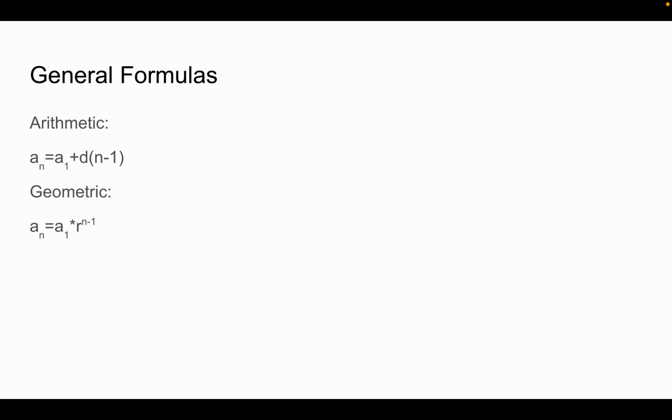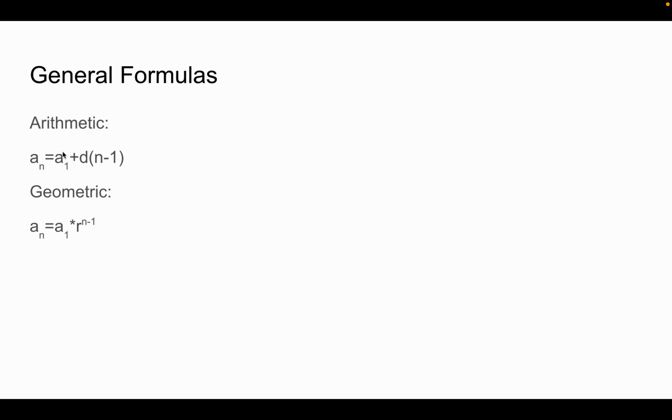And the general formulas, instead of recursive formulas, are an equals a1 plus d times n minus 1 for arithmetic sequences, and for geometric sequences it is an equals a1 times r to the n minus 1. We kind of see why this makes sense, because first of all, there's a minus 1.